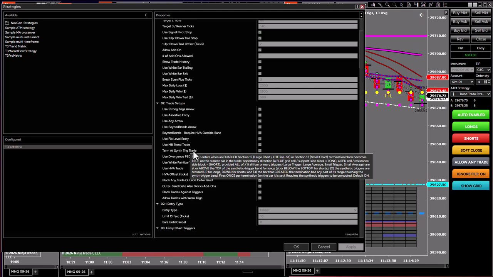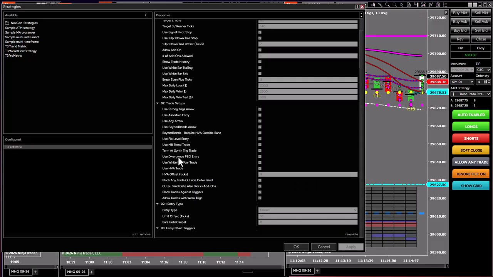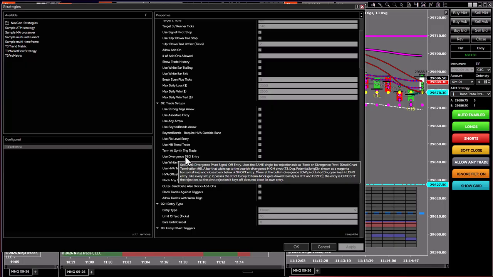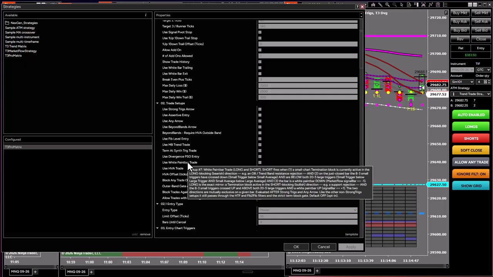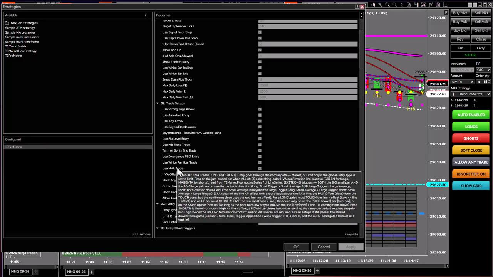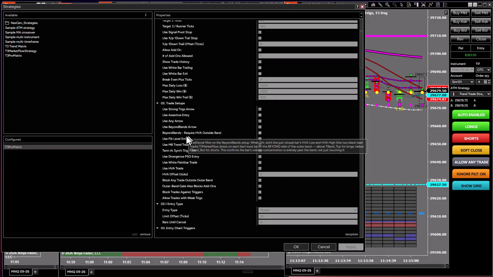I just wrote that one late last week. And the cool thing is you can hover over them and see what the rules are. And then a divergence pivot stop out entry, which we all love sometimes. And then the white paint bar trade and the HVA trade. So there's like 9 trades in there now.